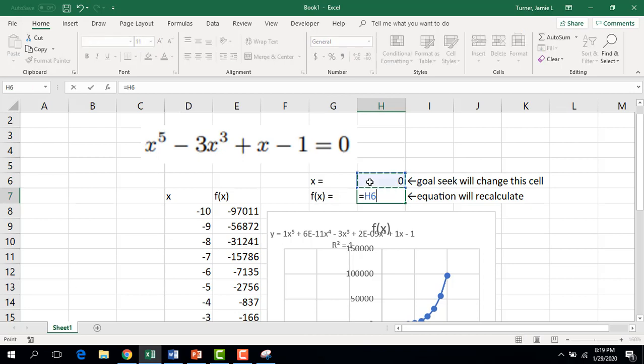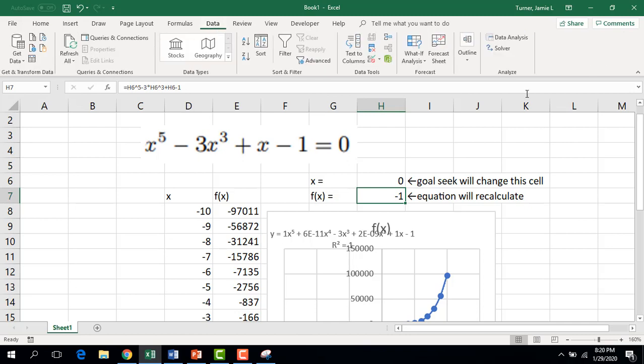So equals x to the 5th minus 3 times x cubed plus x minus 1. Okay, one last check. Make sure we've got that in there right. So 3x cubed. So there we go. And you notice that that is not equal to 0, and that'll be the goal.